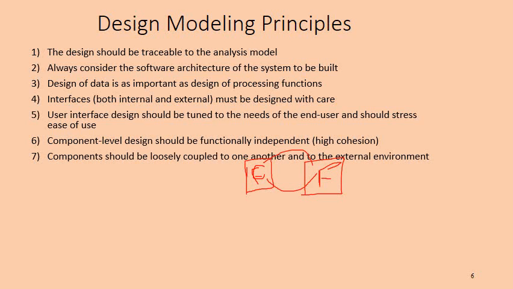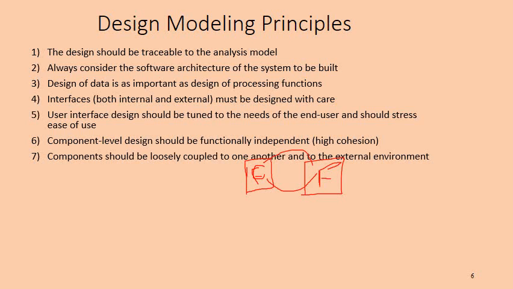Second is, the components should be loosely coupled to one another and to the external environment. It means this arrow indicates the loosely coupled, right? It is also called the coupling. Low coupling and the high cohesion is a very important feature in designing. Sometimes the question also comes: explain it with the help of any real life example.